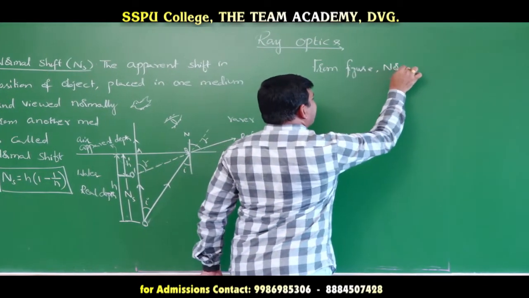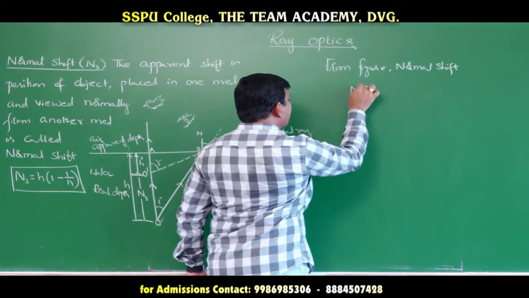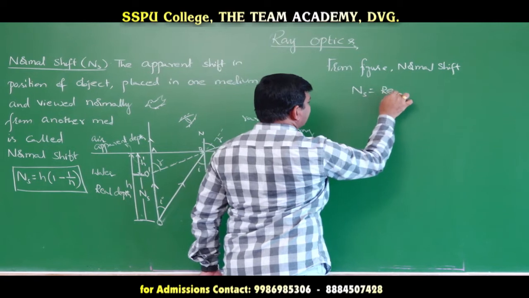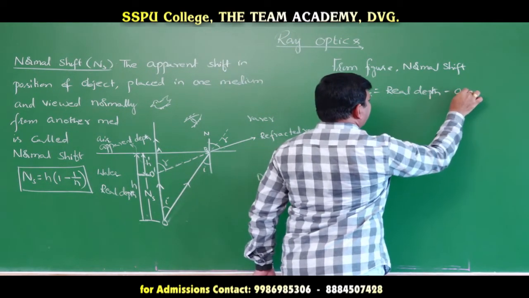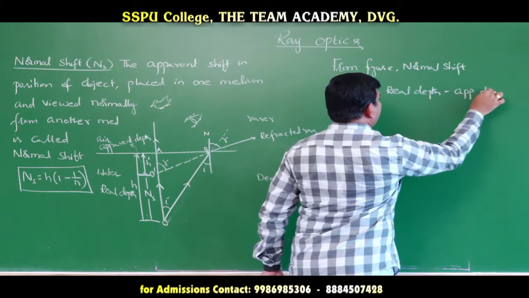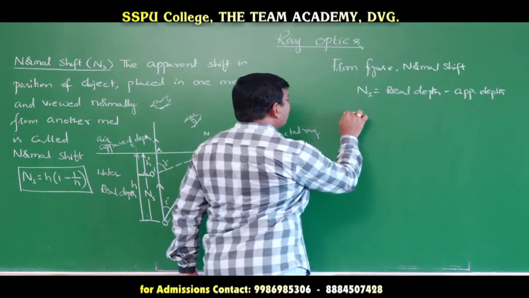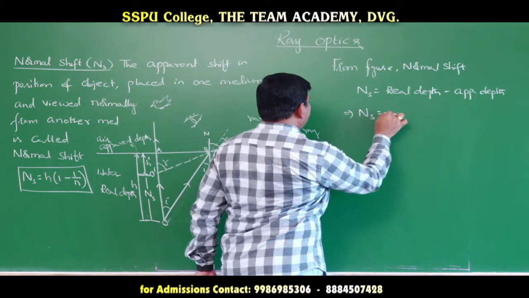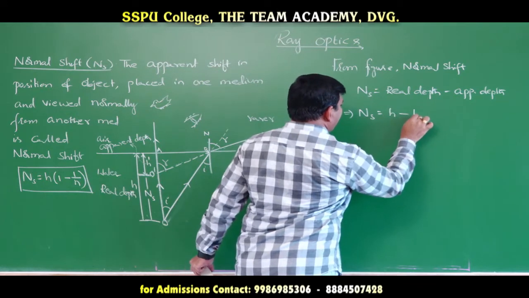From the figure, normal shift ns is equal to real depth minus apparent depth. APP stands for apparent here. But here, what is this ns? ns is equal to real depth minus apparent depth. The real depth I have chosen as h, and the apparent depth as h dash, so ns is h minus h dash.